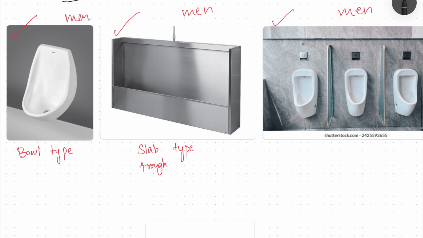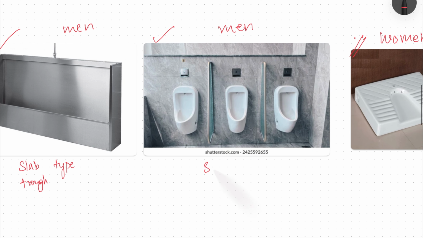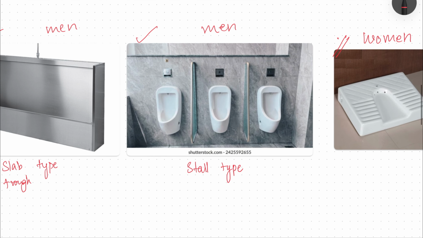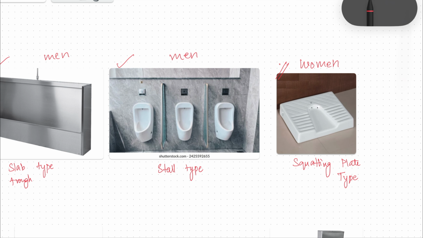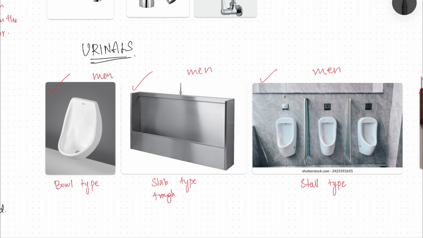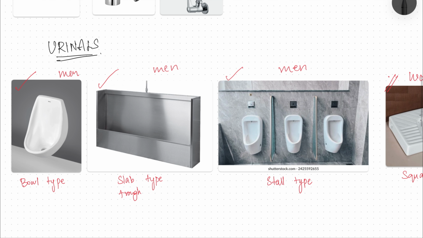This is your stall type, and this is squatting plate type. As the name suggests, they are very distinctive because of the types.